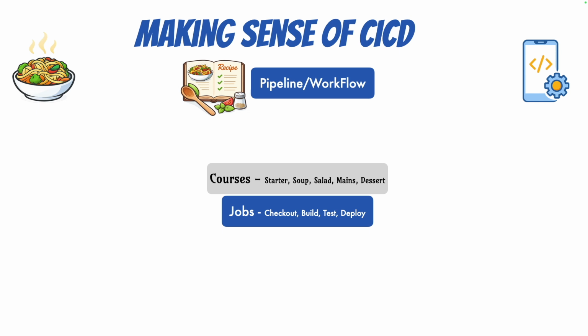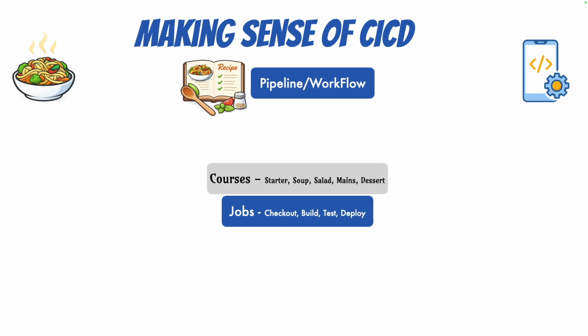If a course fails, then the meal stops. I mean, the meal doesn't really stop, but you might not really enjoy the complete experience of the meal. In the same way, if one particular job fails in a CI/CD pipeline, the whole pipeline stops. If the checkout fails, build can't start. If the build fails, the test job can't be started.